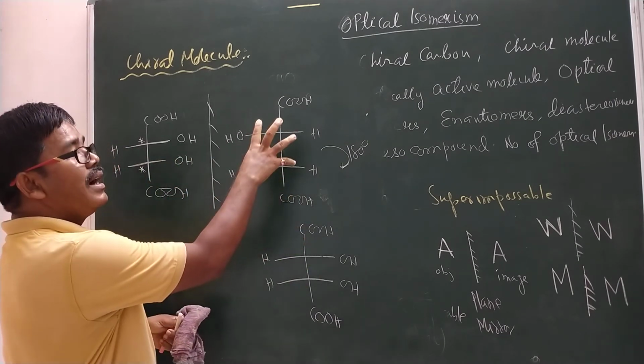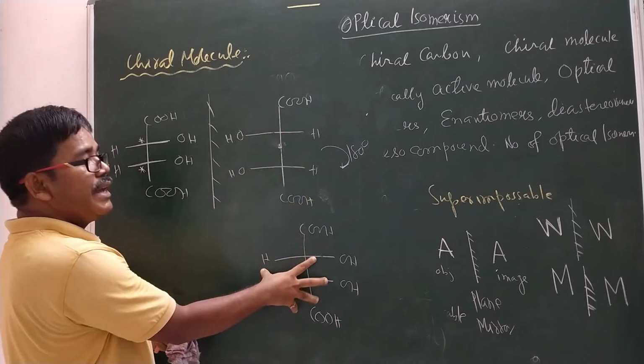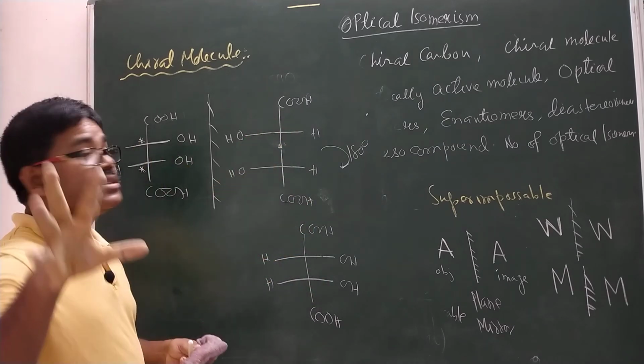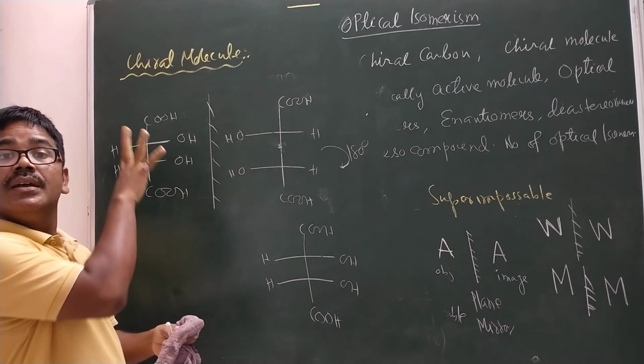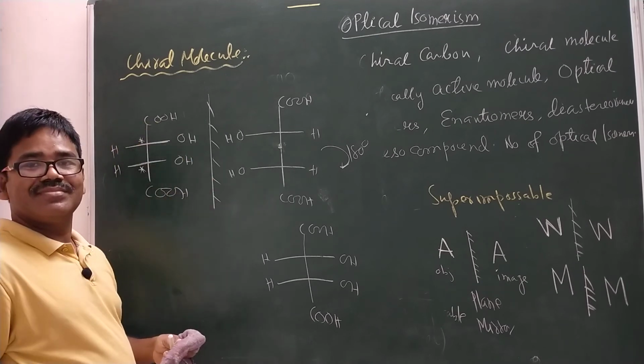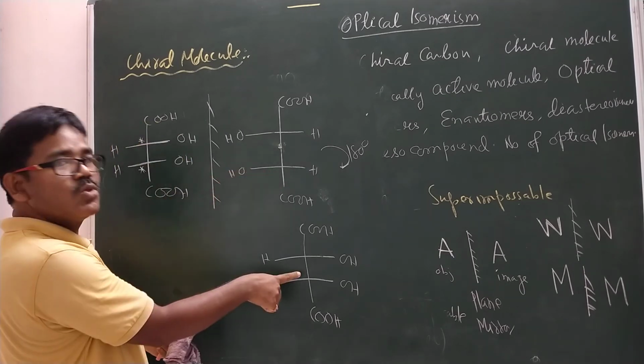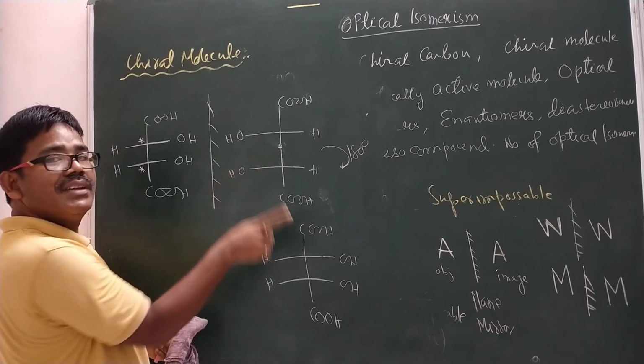Now, if this one or this one, any one, is superimposable with the object, either this one or this one, both of them are identical.